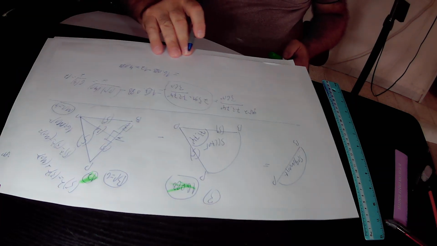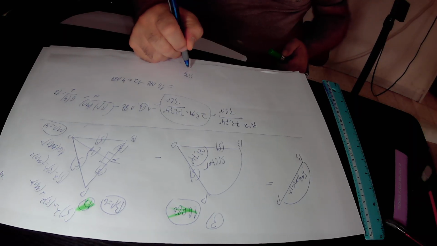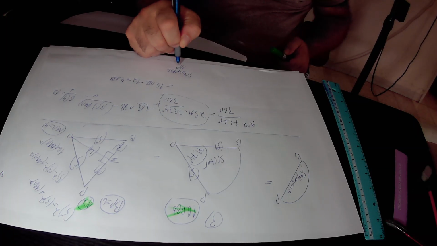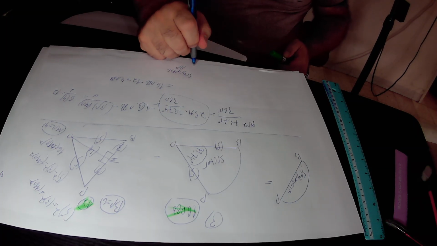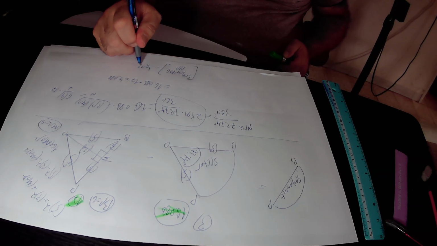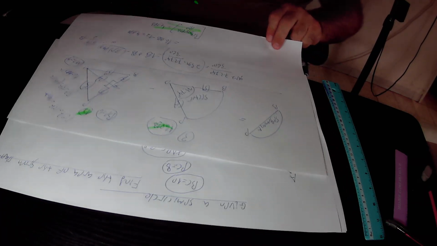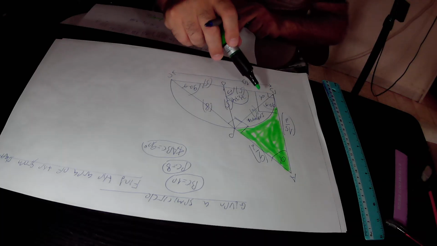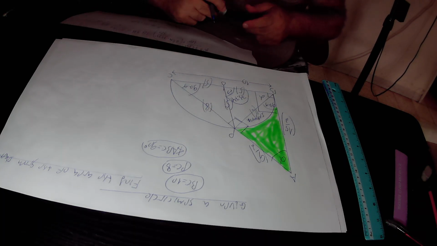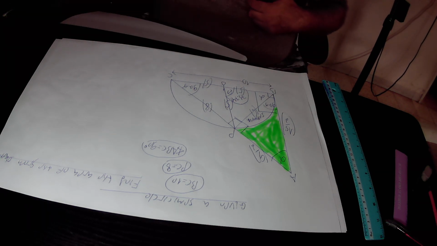So in total we found out that the area of this segment BP is equal to 4.088 square units in its size. Okay, again, the area of this segment BP is equal to 4.088 square units. Our task is to find out the area of this green shape. So what is the area of the green shape?